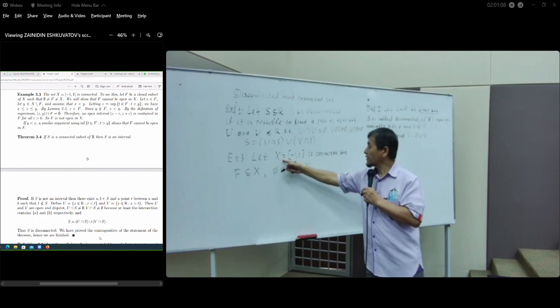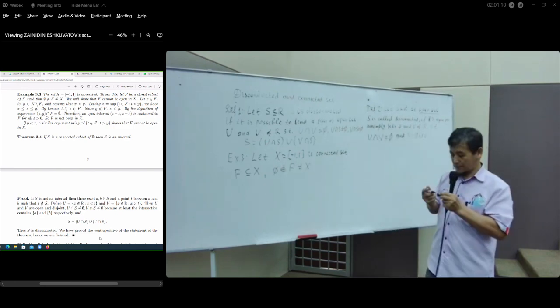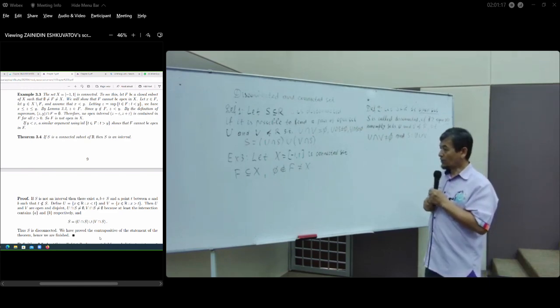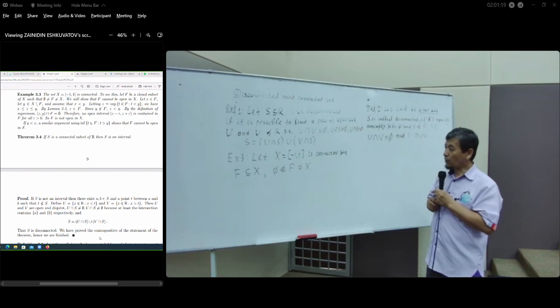It is not fully covering X. So then F cannot be an open set in X. They try to show F cannot be an open set in X. It must be a closed set.